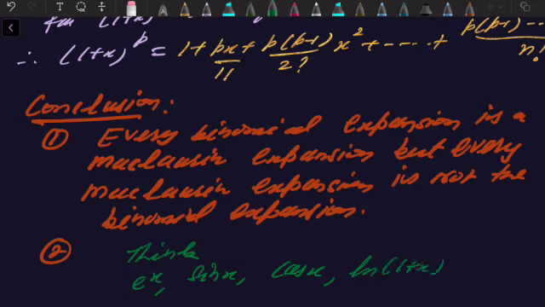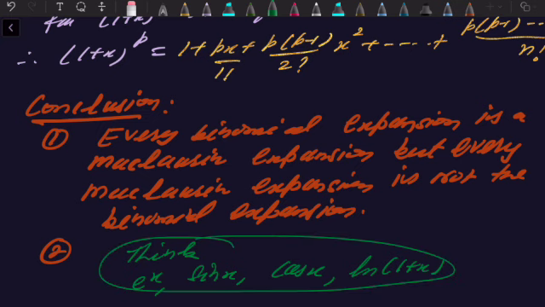These type of functions we cannot apply binomial expansion, but we can apply Maclaurin series. But 1 plus x raised to power p is a particular case where both Maclaurin and binomial are same.